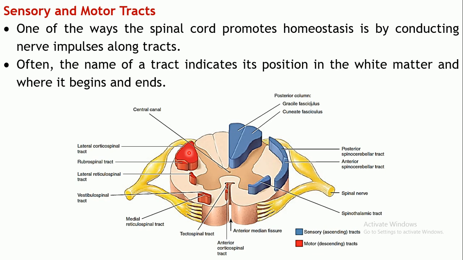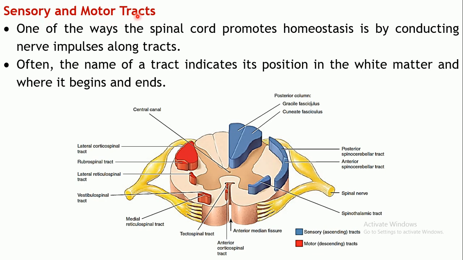So this particular function of the spinal cord plays a very important role in the maintenance of the homeostasis, right? Imagine if these tracts do not function, what will happen? The sensory as well as the motor functions of the CNS will get affected.